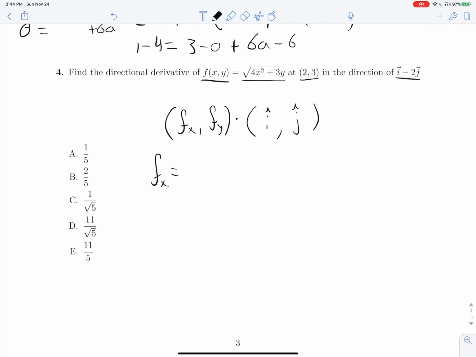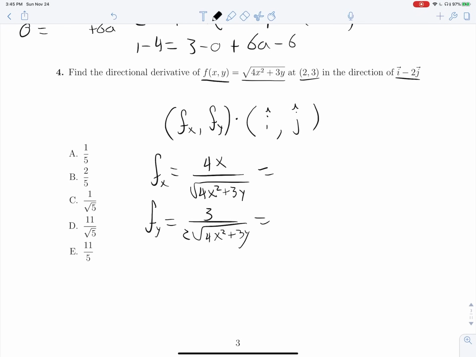Fx is going to be 4x over root 4x squared plus 3y. Fy is going to be 3 over 2 root 4x squared plus 3y. And we can plug in the point that we're currently sitting at in order to figure out what our fx and fy is.